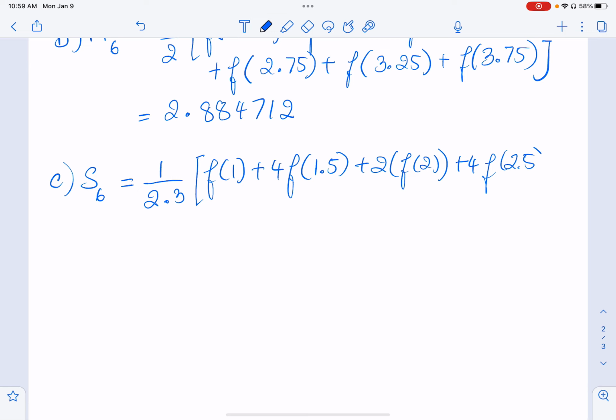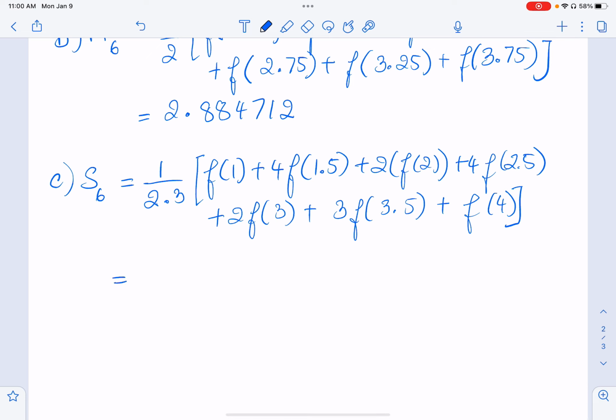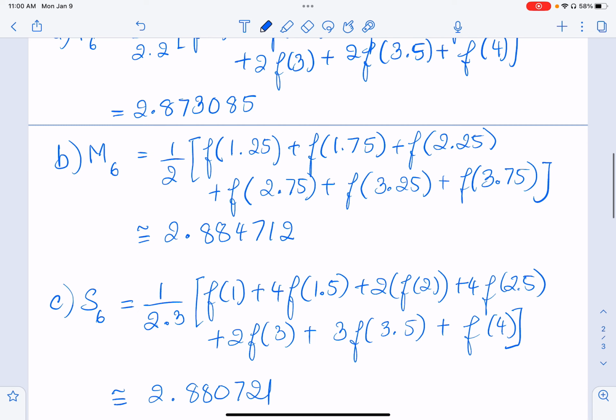And then we go back to 2 f of 3. And we go to 4 f of 3.5. And then the last one, just f of 4. And then once again, you use a calculator, you're going to end up with, all of these are approximations, 2.880721. And there we have it.